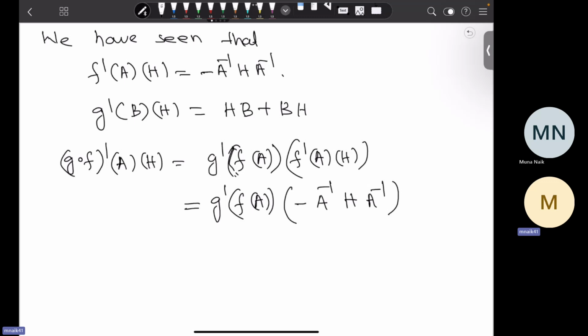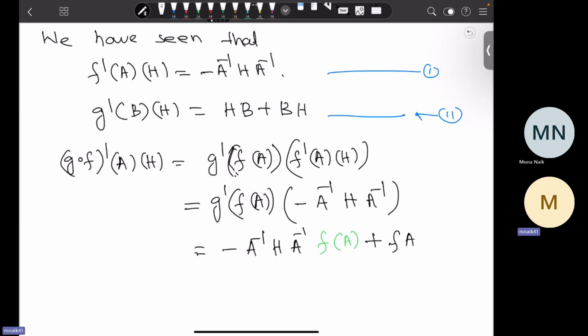Okay, so look at this star and look at this 2. From 2, it is told that this G prime of f of a at h is nothing but minus a inverse h a inverse times f of a, plus f of a times minus a inverse h a inverse.